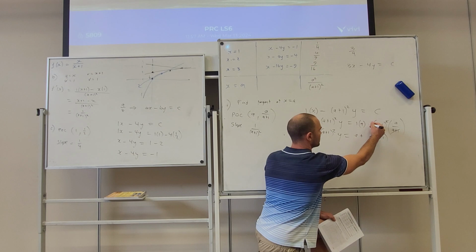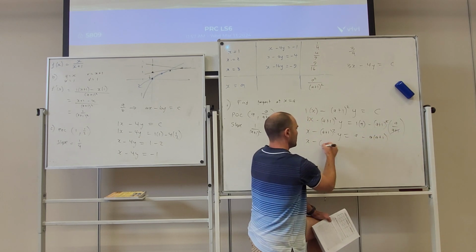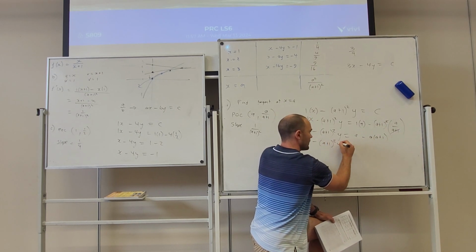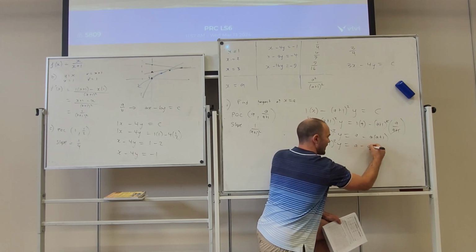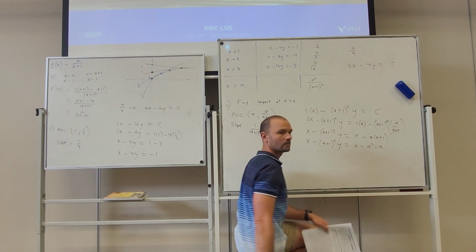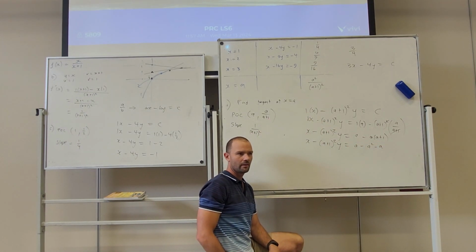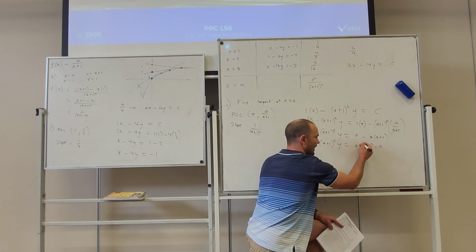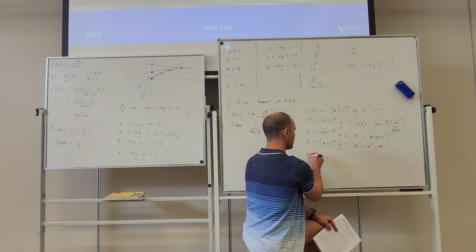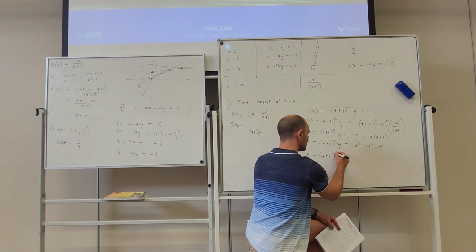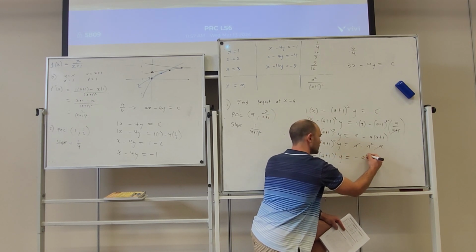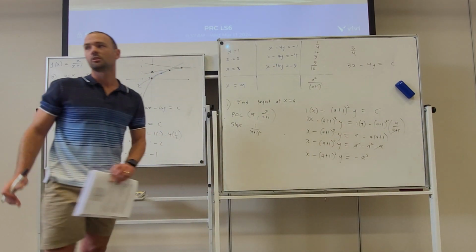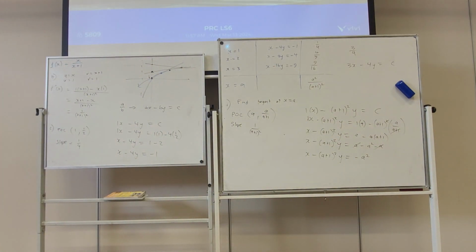Thank you. Yeah. We'll pick up. A plus 1 squared y equals, and this will be a take a squared take a. All right, I'm just distributing that a. A take a cancels. And so this is the equation for any tangent drawn at x is a.